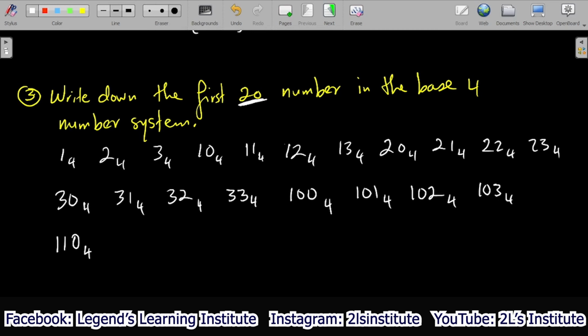So let's see how much we have so far. 1 2 3 4 5 6 7 8 9 10 11 12 13 14 15 16 17 18 19 20, right, so we have our 20 numbers. The first 20 numbers in the base 4 number system is from 1 base 4 to 1 1 0 base 4, and that's our answer. Okay, that's our answer there.